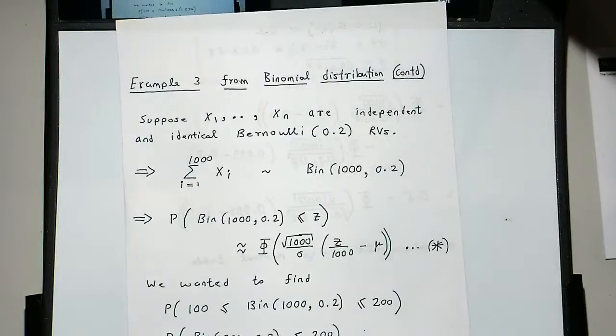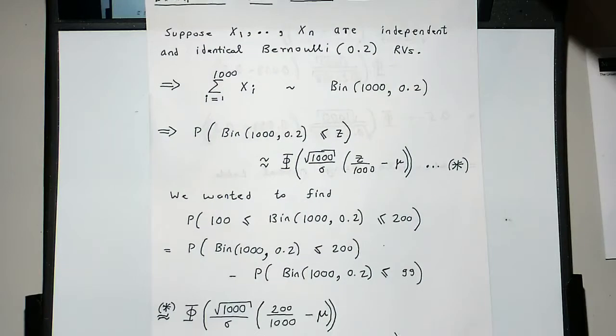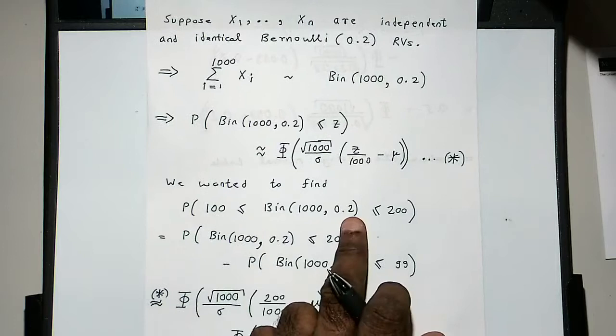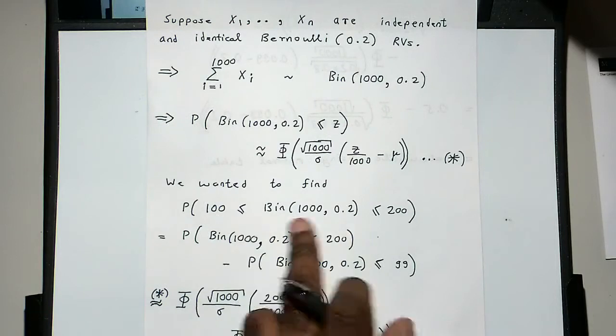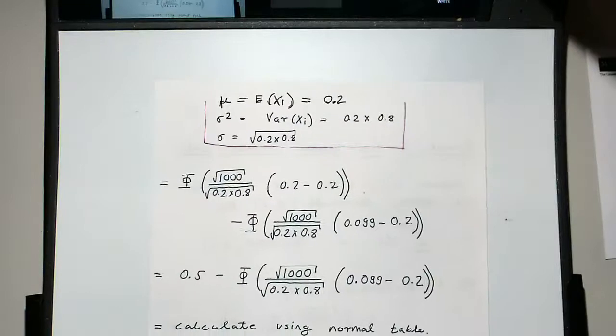Using that, you can approximate this probability by this, and hence you can compute the probability that the binomial variable is between 100 and 200 by this probability, which you can read from the tables for the normal distribution, right? This is what I have done here.